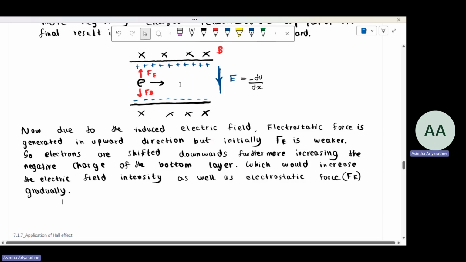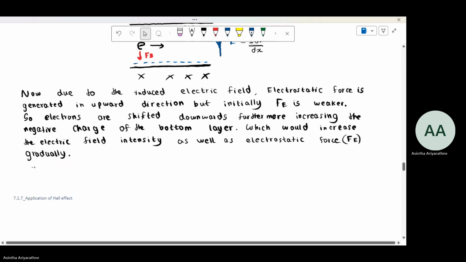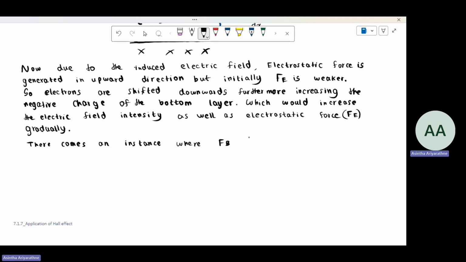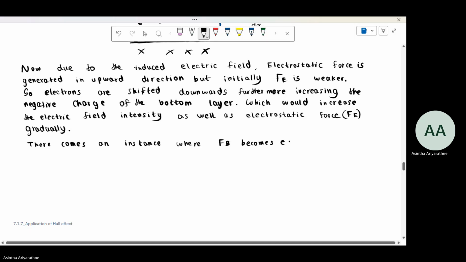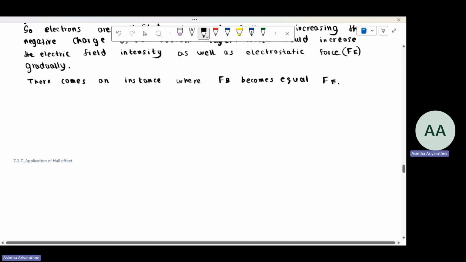Right, so gradually there comes an instance where Fe becomes equal to Fb.